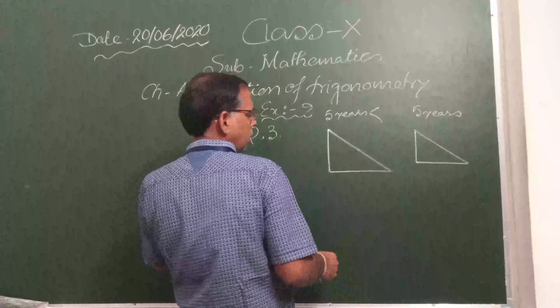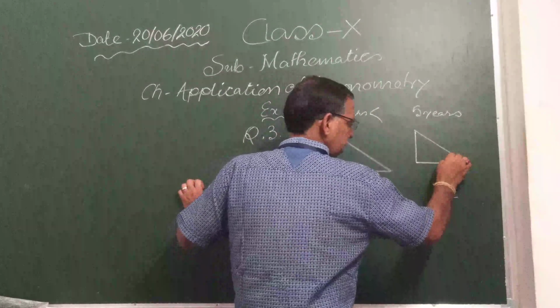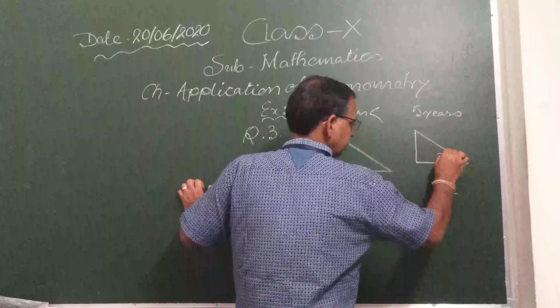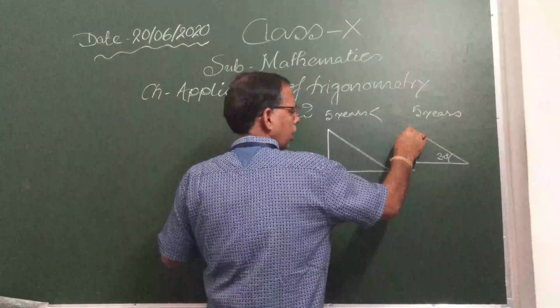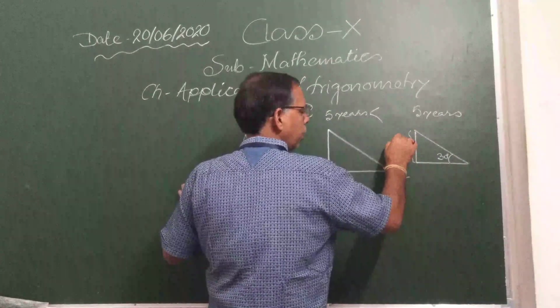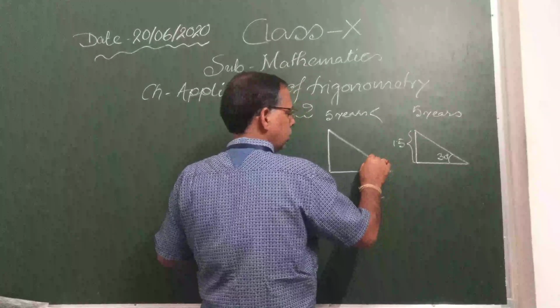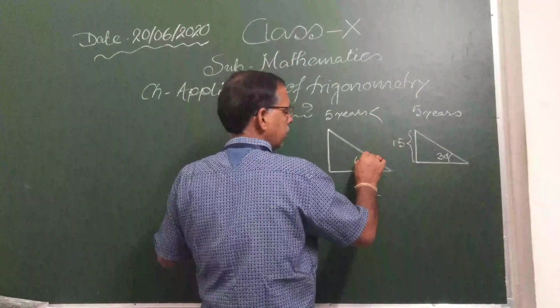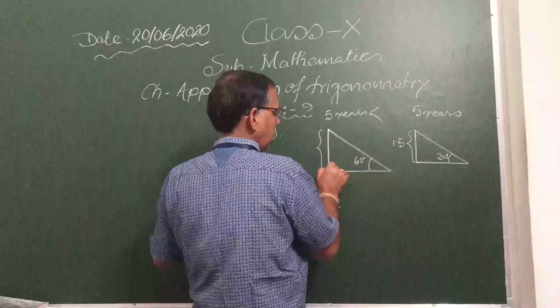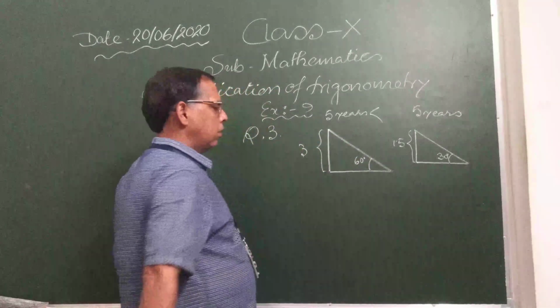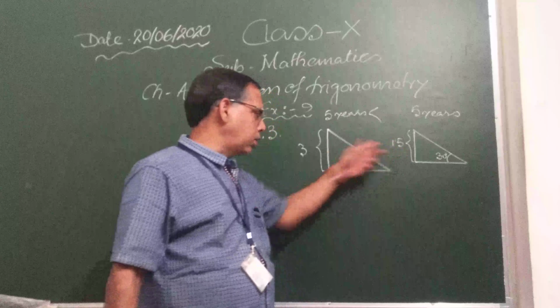Okay? Here you see it is 30 degree. It is 1.5. This is 60 degree. See, this is 3. So see, angle double, height also double.